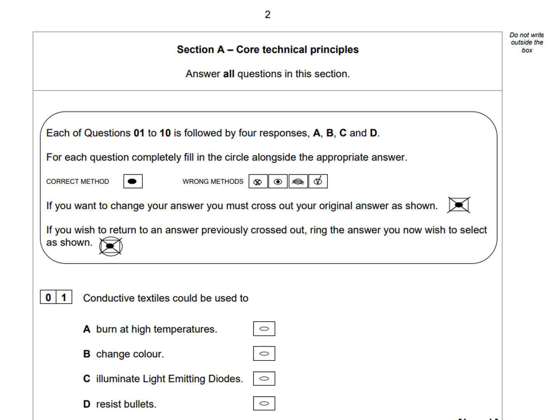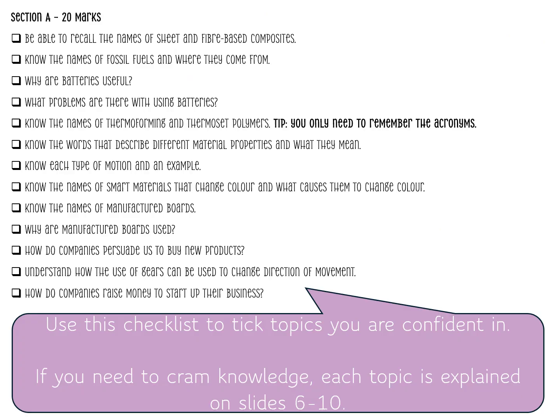All of that, if you forget what to do, is explained in that first part of section A. This is the list of topics that are in section A and what you need to be able to do. This isn't a surprise list because it's been distributed to you before in your exam booklet, which is also available on Arbor if you prefer the colour version.